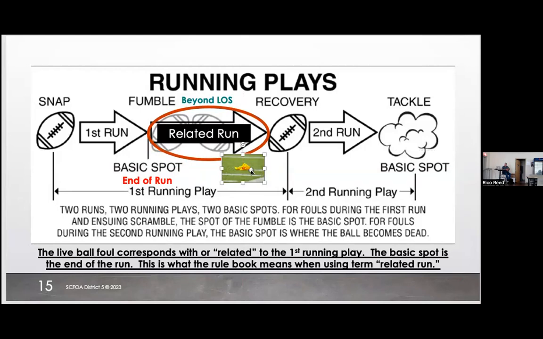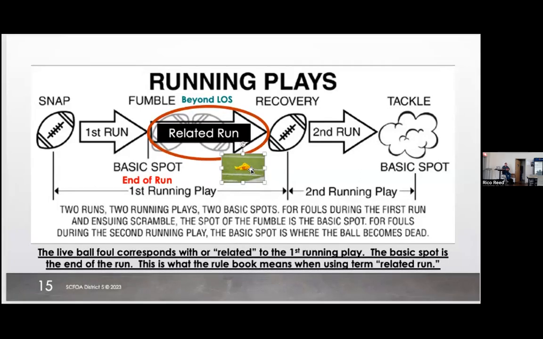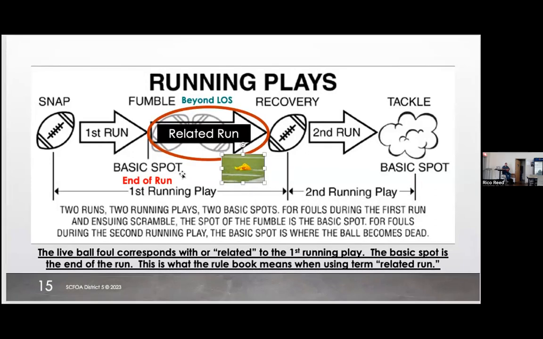That foul occurred during which running play? The first one. That foul is going to be enforced from the basic spot. So when this foul occurs, it doesn't really change the basic spot for that running play. And that's why we drop the beanbag.